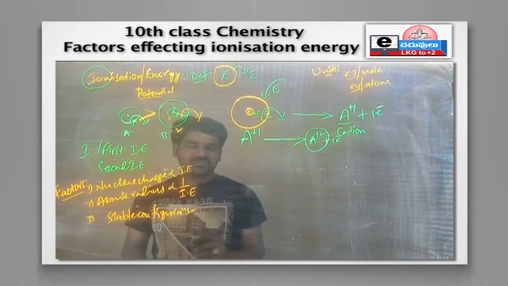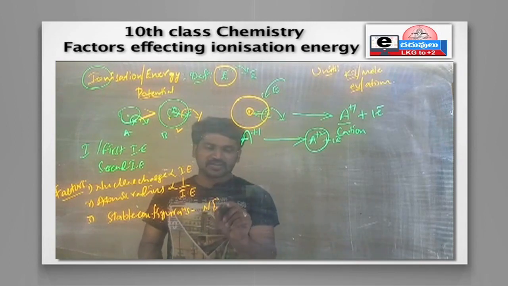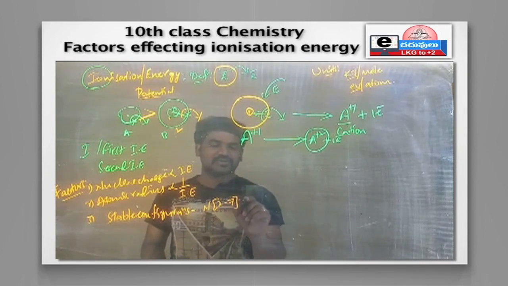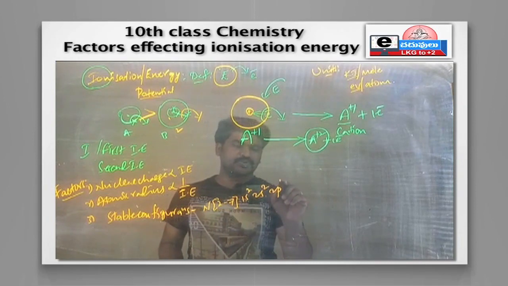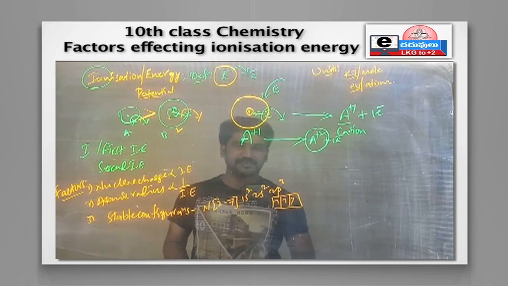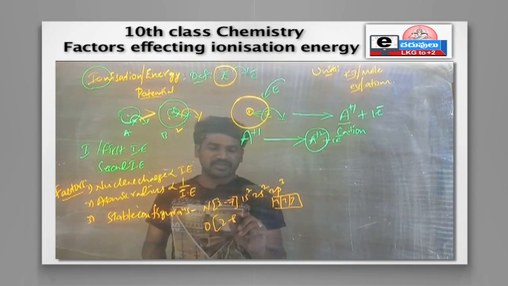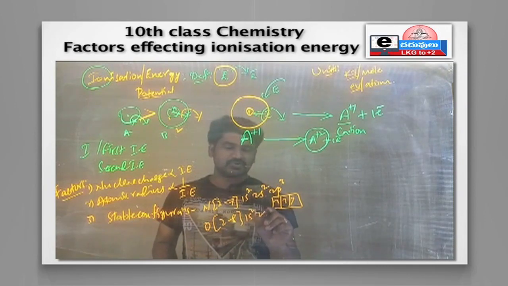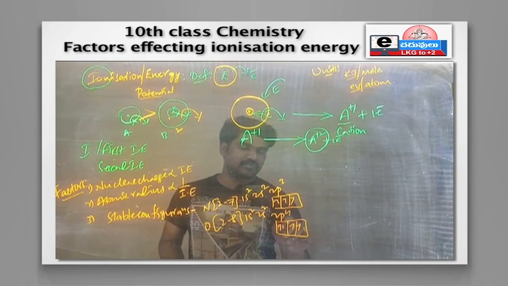Suppose you take nitrogen. What is the atomic number of nitrogen? Atomic number 7. You can write the configuration as 1s2, 2s2, 2p3. You see here in the p orbital 3 electrons are there. If you take oxygen, 8 electrons, 1s2, 2s2, 2p4. Here how many electrons are there? 1, 2, 3, 4.